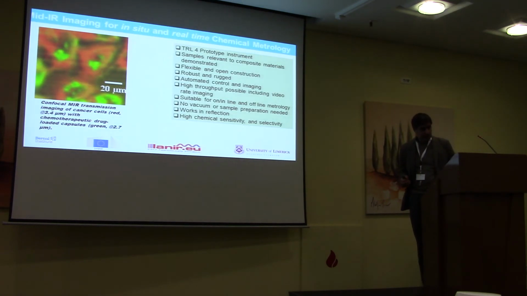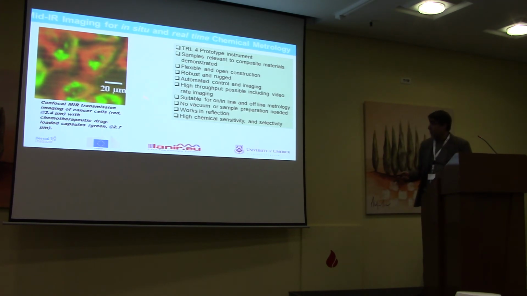And then we can use multiple beam analysis as well with the same instrument. Here we have two images overlaid on each other, for cancer cells with a drug on top of them.